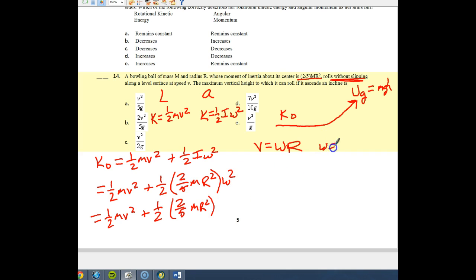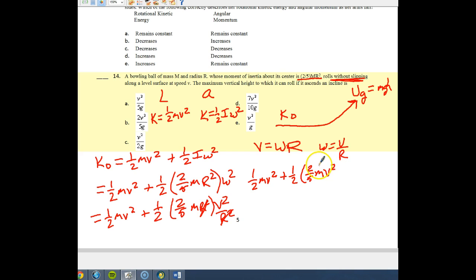So omega here is equal to v over r, and if I square it, it's going to be v squared all over r squared. The r squareds go away, and our next equation then is 1/2 mv squared plus 1/2 times 2/5 times m times v squared.